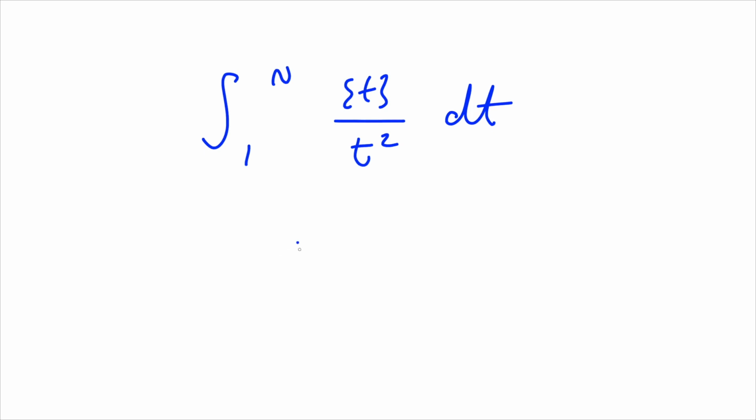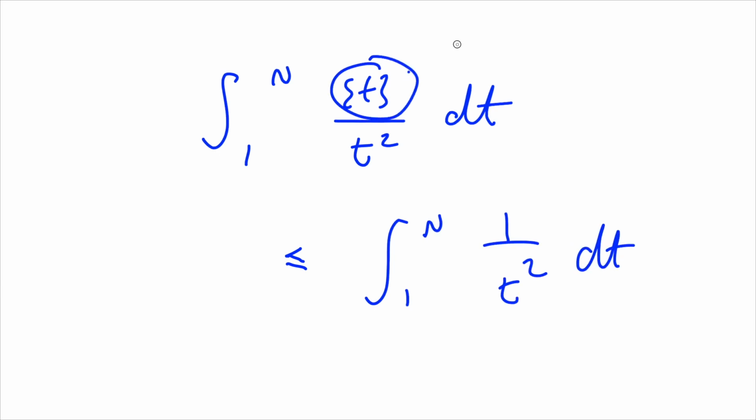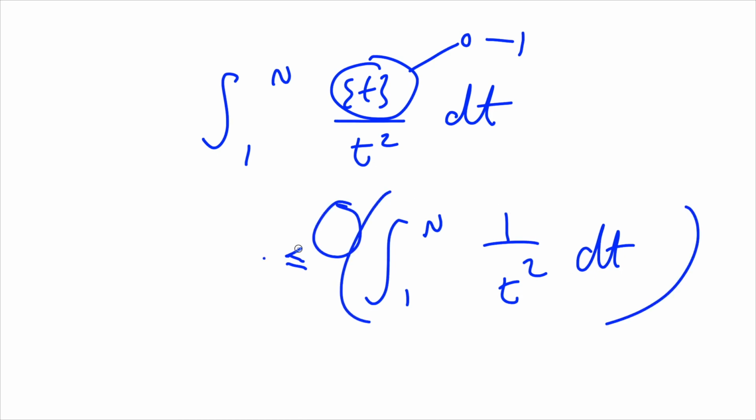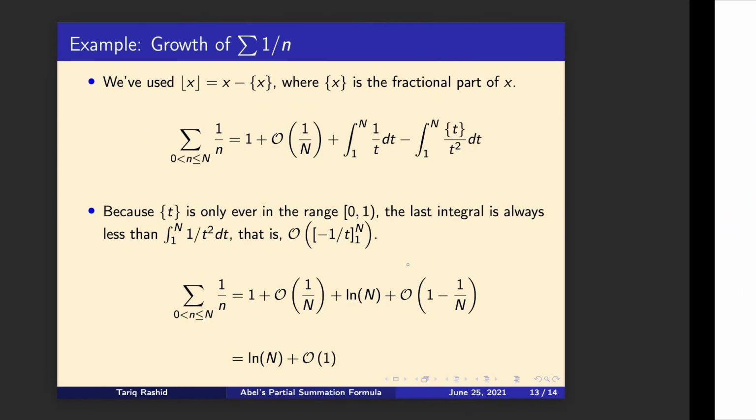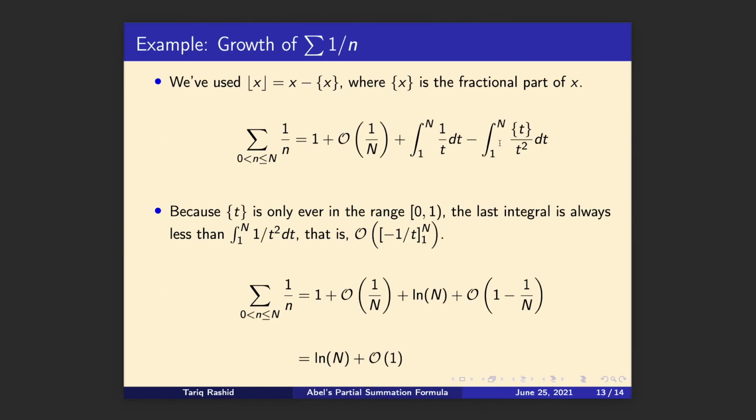Now that is always going to be less than the integral from 1 to n of 1 over t squared dt, because this thing is always between 0 and 1, not including 1. So it's the order of this thing here. That's the order of that. That thing, we can perform the integral of 1 over t squared, minus 1 over t, taken at those limits, is 1 minus 1 over n.